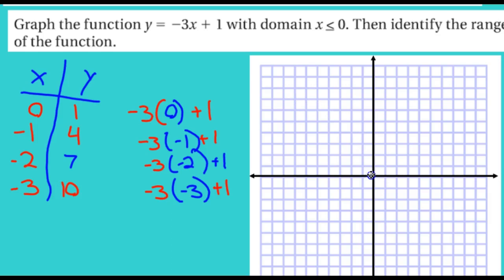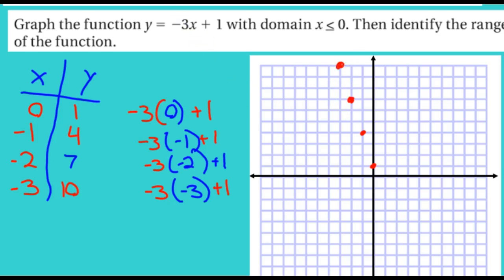So, we have 0, 1 for our first point, negative 1, 1, 2, 3, 4 for our second point, negative 2, 1, 2, 3, 4, 5, 6, 7 for our third point, and negative 3, 1, 2, 3, up 10 for our last point.